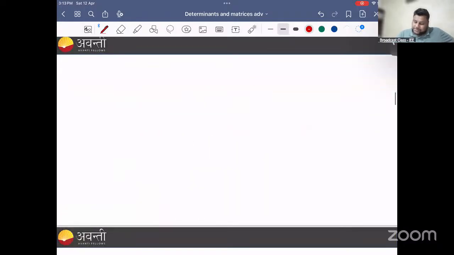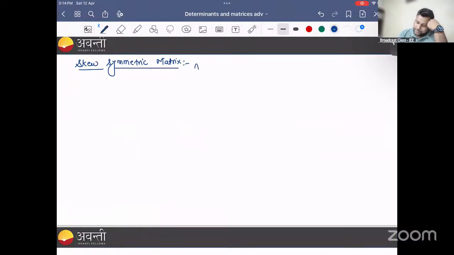Then there comes the skew symmetric matrix. Now, what is a skew symmetric matrix?